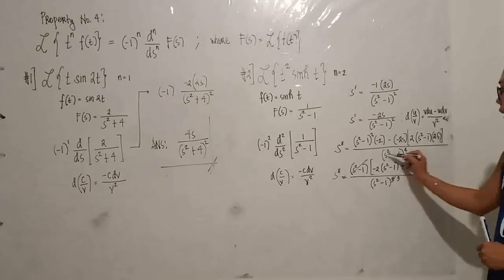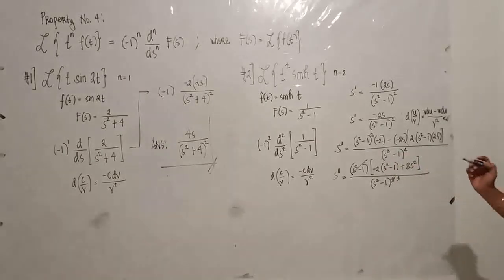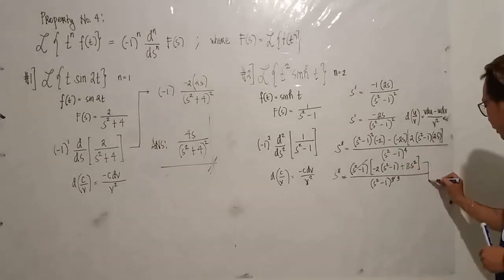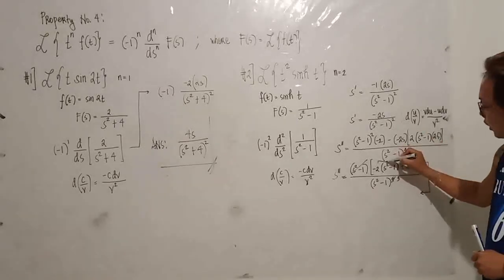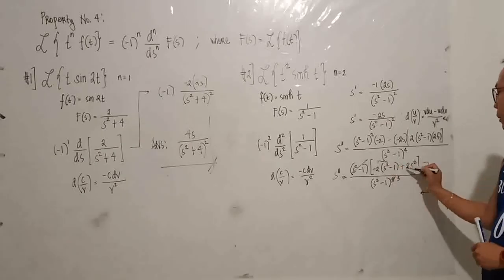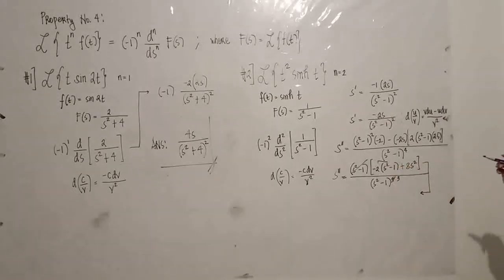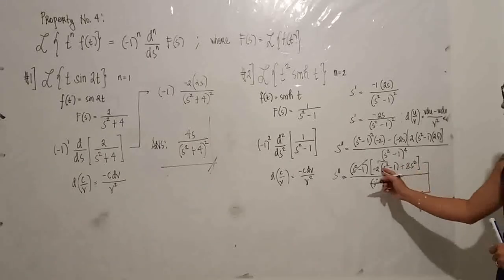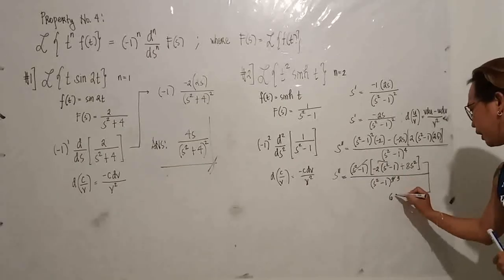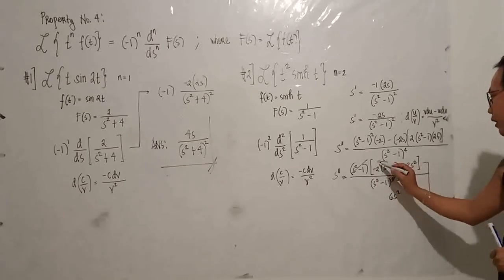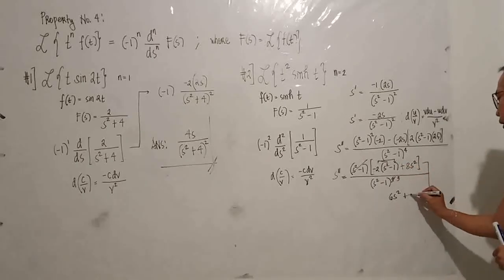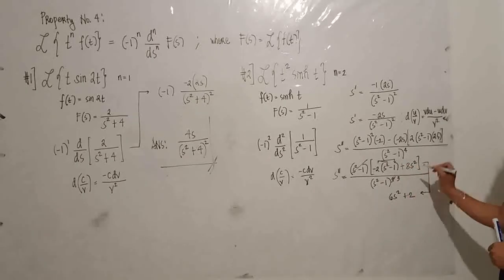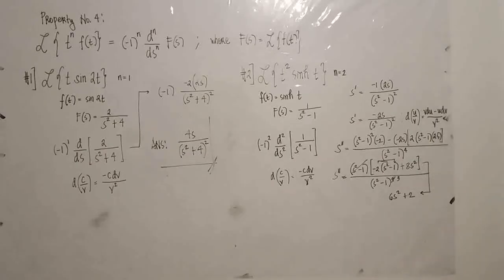Then simplifying this, pag sinimplify mo to, this will be negative 2s plus 8s squared. You will have 8 minus 2, that is 6s squared. Then, this one also, you will have plus 2. So, for the numerator, you will have 6s squared plus 2.